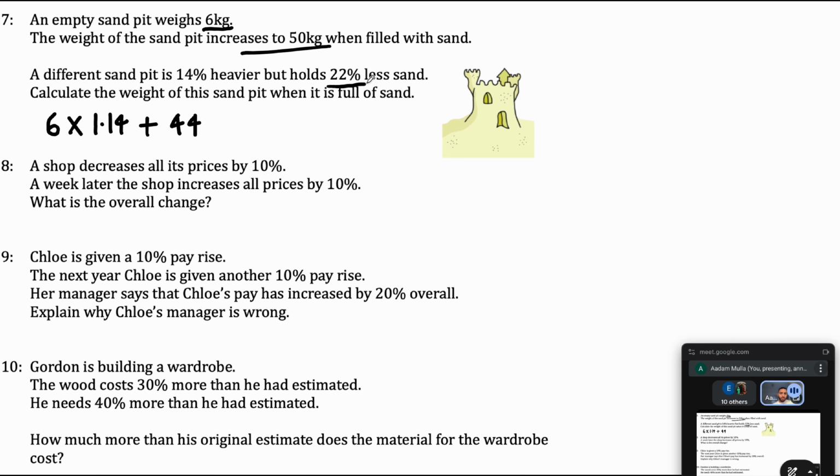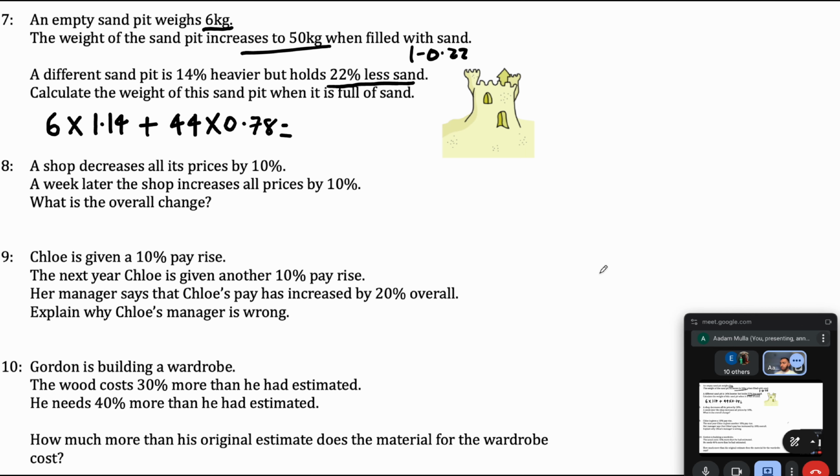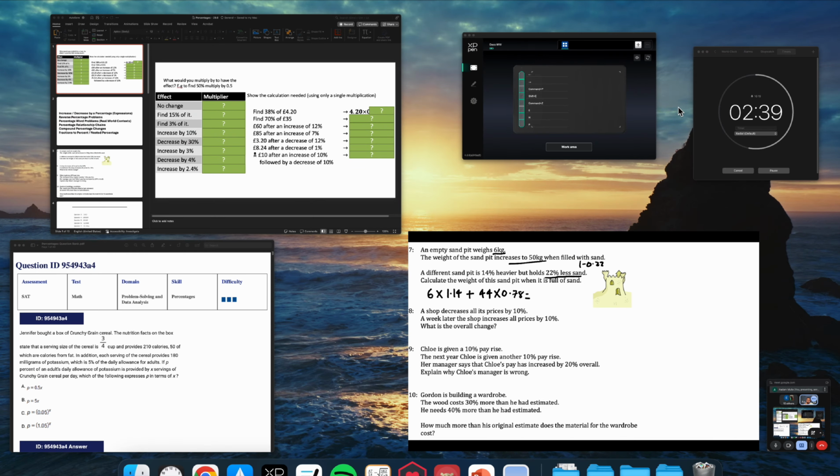And because it's 22% less, we're doing 1 minus 0.22, which would be 0.78. So 44 times 0.78. That would give you your answer. Just give me a Y if you got that one.